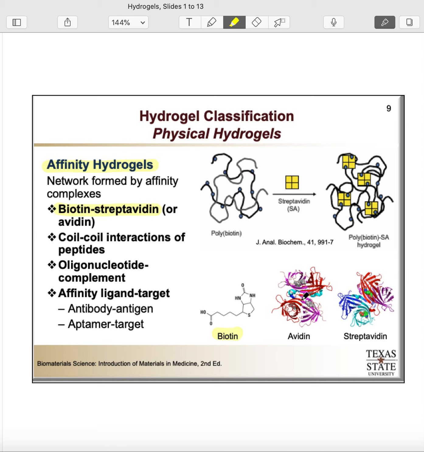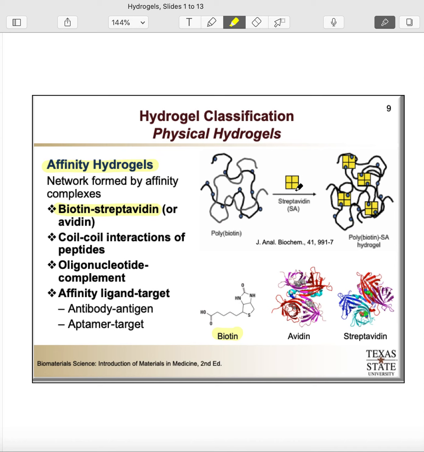Avidin is a protein that can be found in the whites of eggs of many birds and reptiles. And then streptavidin is a similar protein, that also has affinity for biotin, but that is obtained from a bacteria. Both of these proteins are tetrameric proteins, meaning that they have 4 different regions that have a similar structure, and each of those 4 regions is able to bind one biotin.